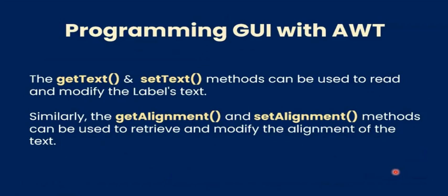Similarly, the getAlignment and setAlignment methods can be used to retrieve and modify the alignment of the text.